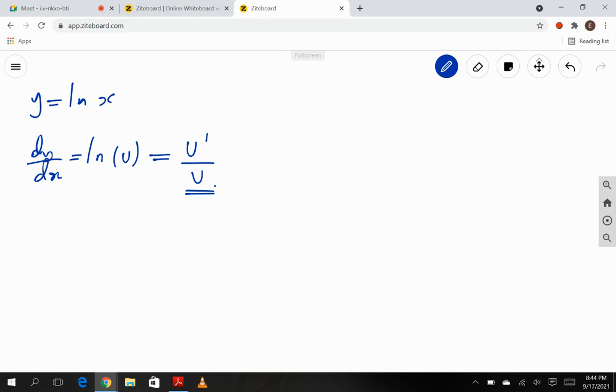So for this particular question, what is our u? Our u is going to be x, isn't it? Then what's our u prime? Our u prime is 1. So let's plug into our equation. It's going to be dy dx equals 1 over x. So that's how you differentiate this question that I'm putting a star.